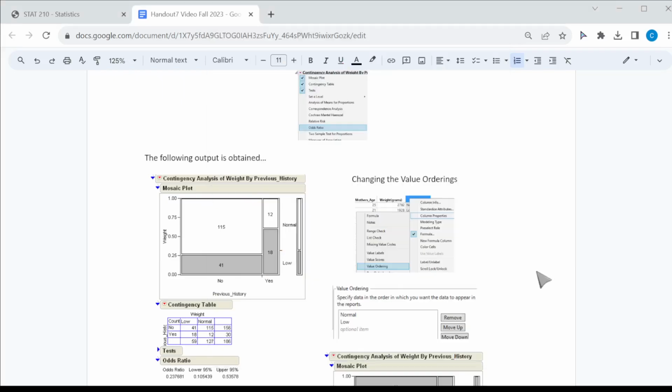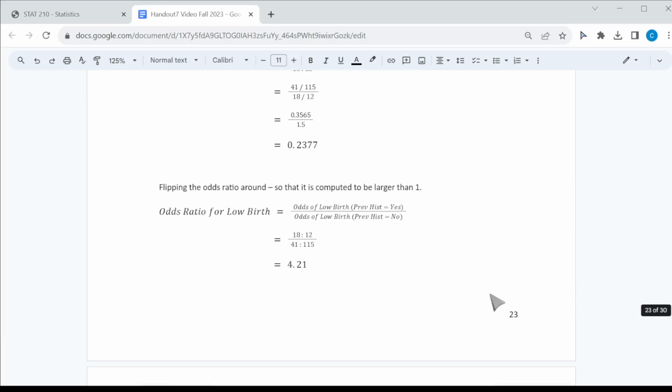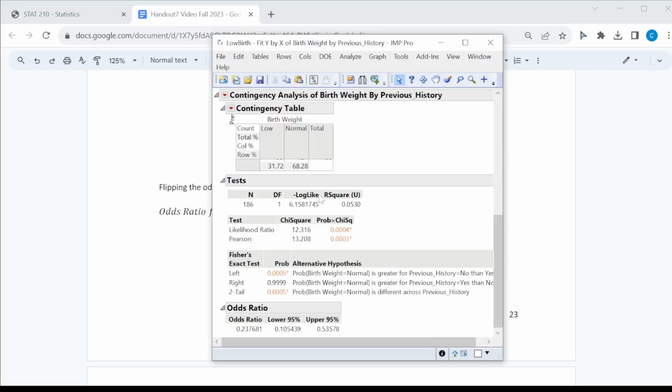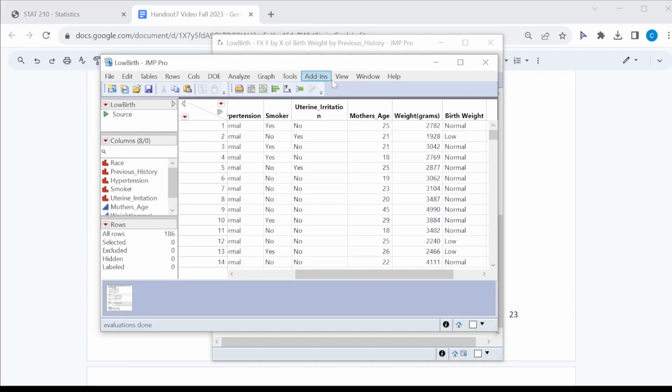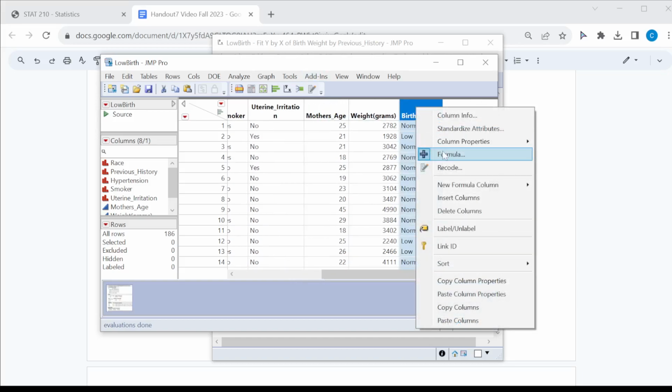I was working with the value, what was I working with? 4.2. The default actually computed the 0.2377. So what you have to do to fix that, it's not like the relative risk ratio, where you get to pick what's in the numerator and denominator. What you have to do to actually fix that is to just swap the order for the response.